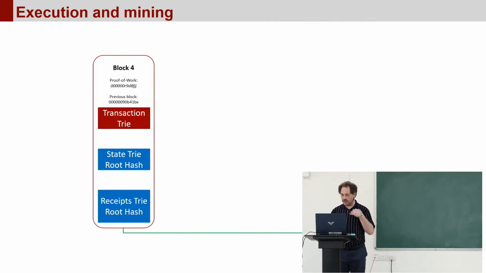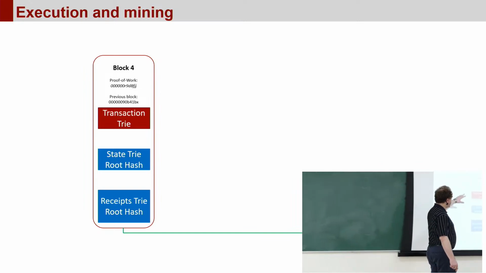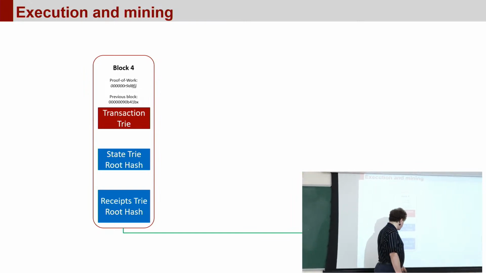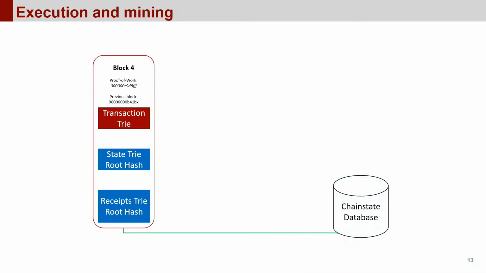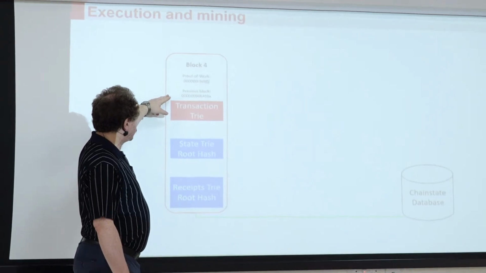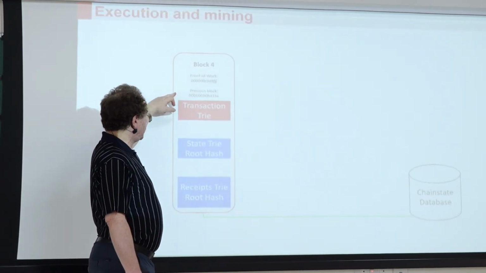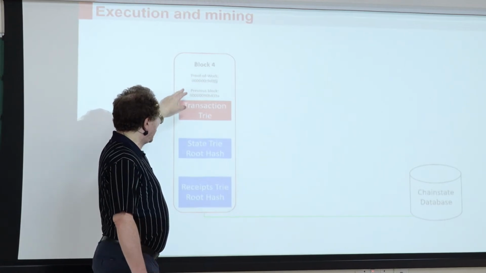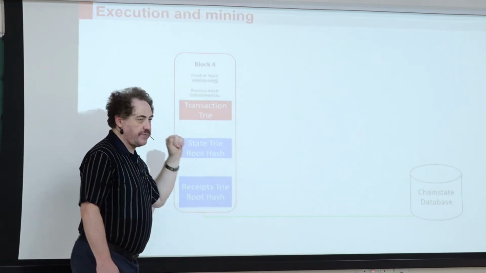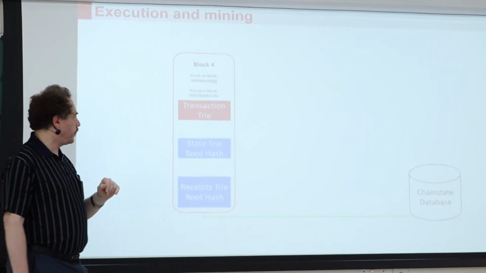So here's an illustration. We have a block, and we also have the database. In the block, we have proof of work or proof of stake related information. In the header, we also have the hash pointer, the secure pointer to the previous block. That's the same.